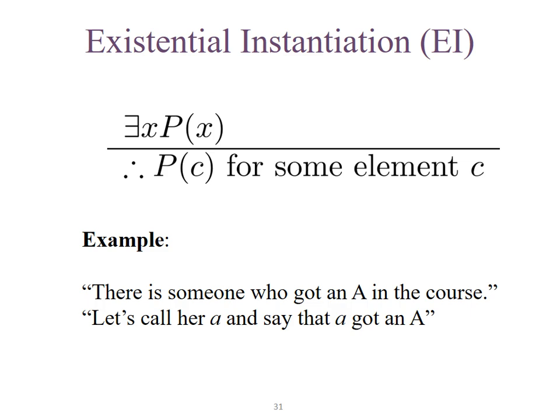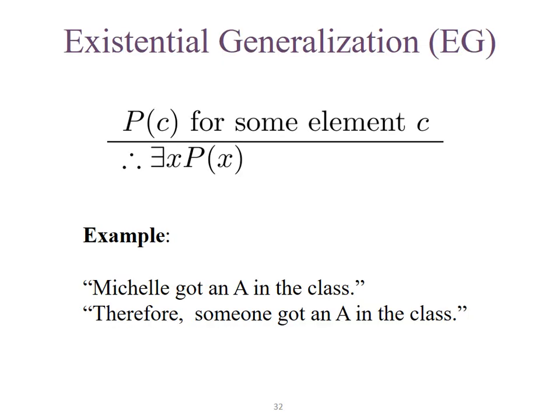We call this EI. All right, last one, existential generalization. If P(c) is true for some c, then we can write for some x P(x) is true. Okay, so we have only 4 rules of inference for predicate logic.